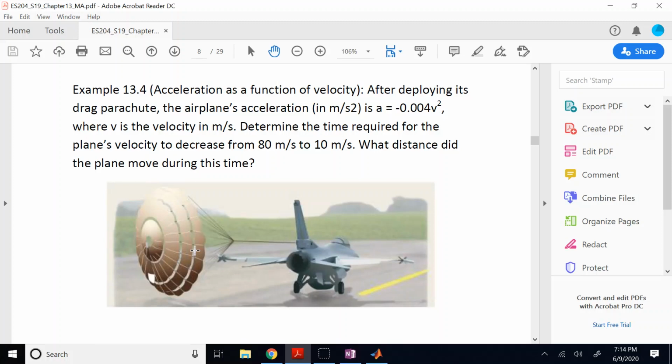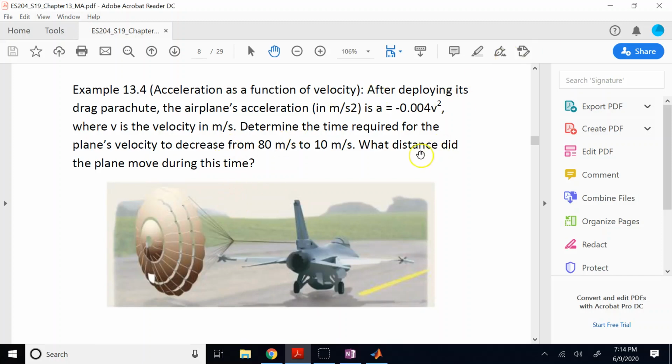They open it up, and that will add some extra drag, which brings the velocity down. But the acceleration coming from the parachute, the drag deceleration, is not a function of velocity, it's a function of velocity squared, as you have seen or you would see in your fluid dynamics.